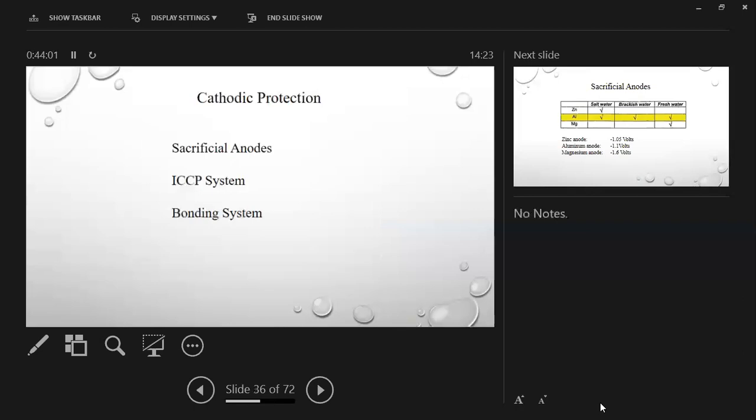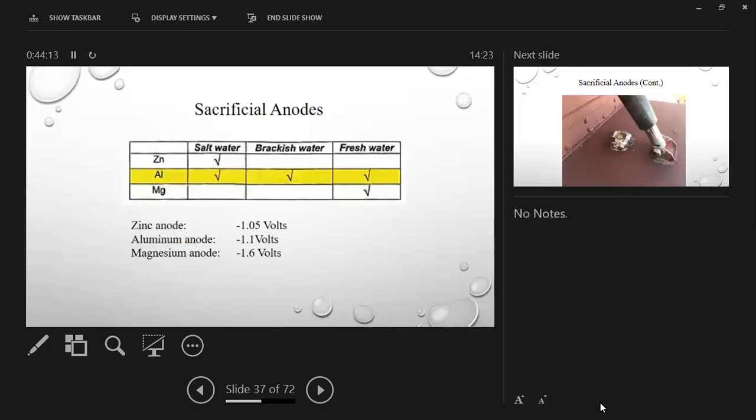Another way to protect against cathodic corrosion, sacrificial anodes, we've already talked about, impressed current corrosion prevention systems, and then bonding systems. Sacrificial anodes, this I believe is right out of ABYC, E2.